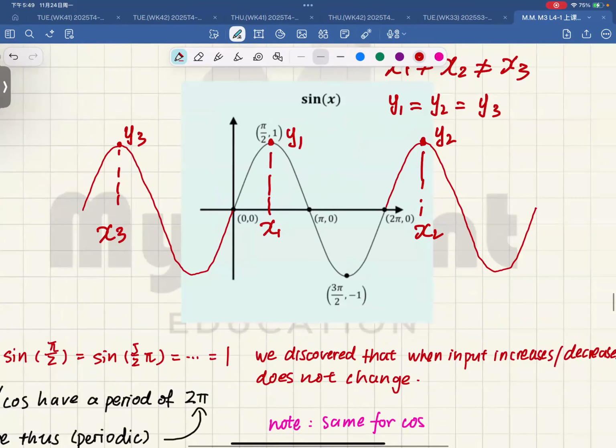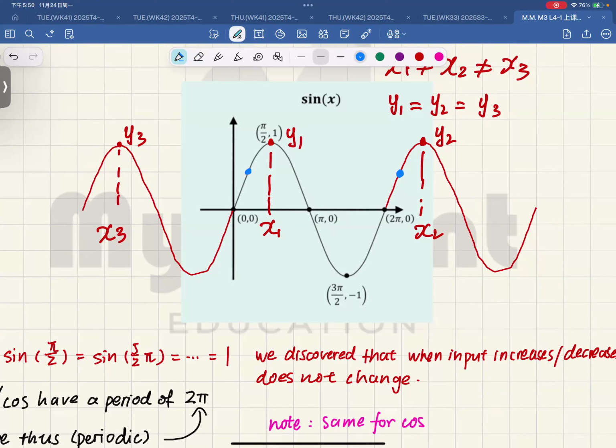Let's say if I want to find a number here, because it's periodic, the y value is the same as here, right?